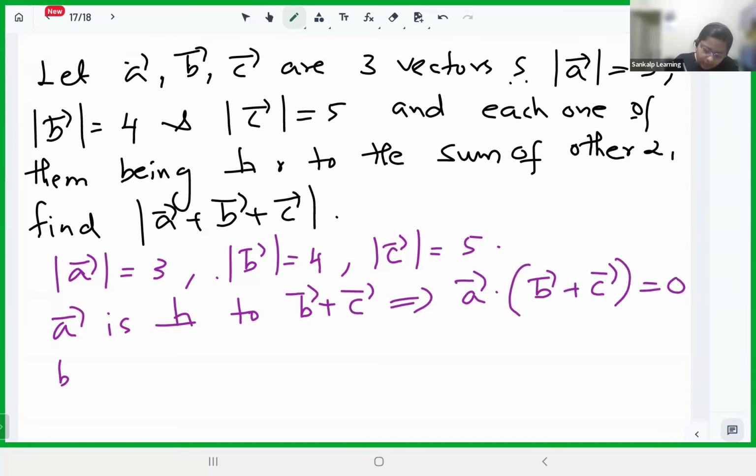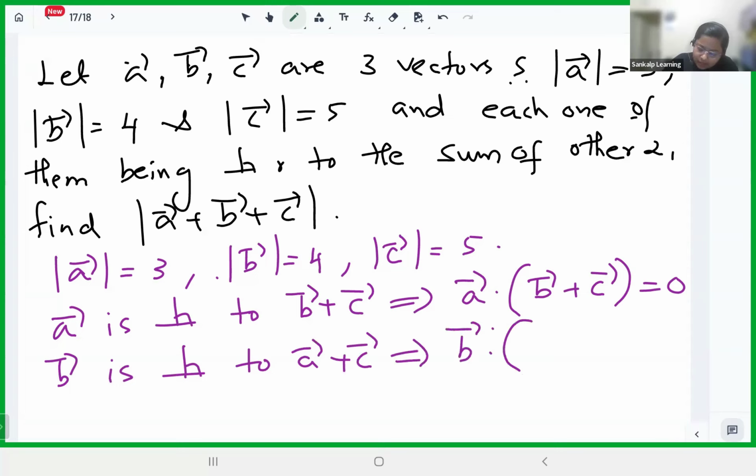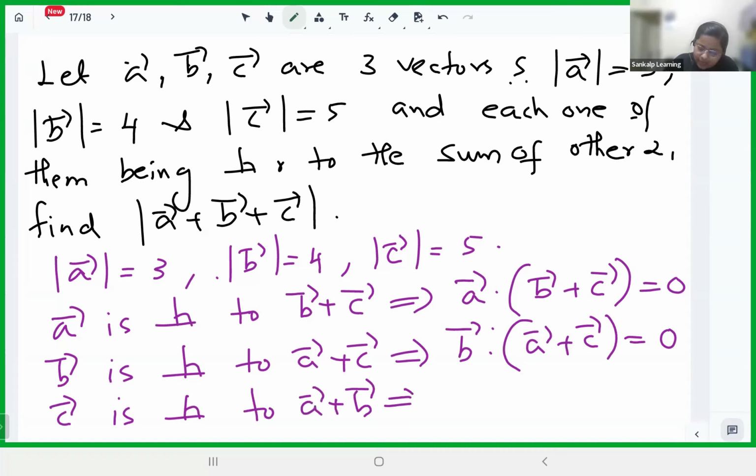Next, vector B is perpendicular to vector A plus C, which implies vector B dot vector A plus C is equal to 0. Next, vector C is perpendicular to vector A plus B, which implies vector C dot vector A plus B is equal to 0. So these are given in the question.